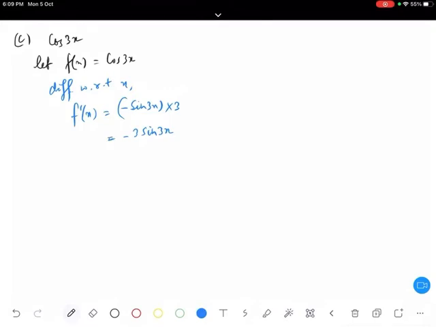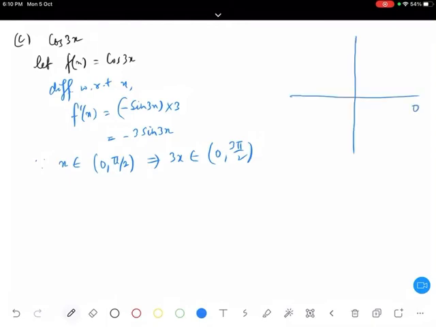Now listen very carefully. Since x is an element of 0 to pi by 2, right, 3x will be an element of what? That implies 3x is an element of 0 to 3 pi by 2. Now listen very carefully. 0 to 3 pi by 2 means what?